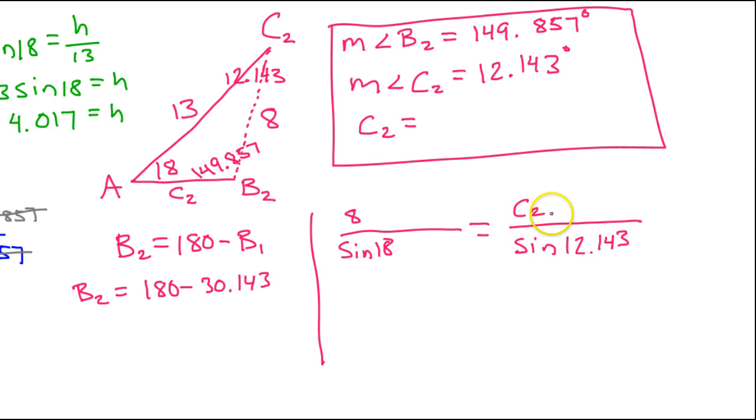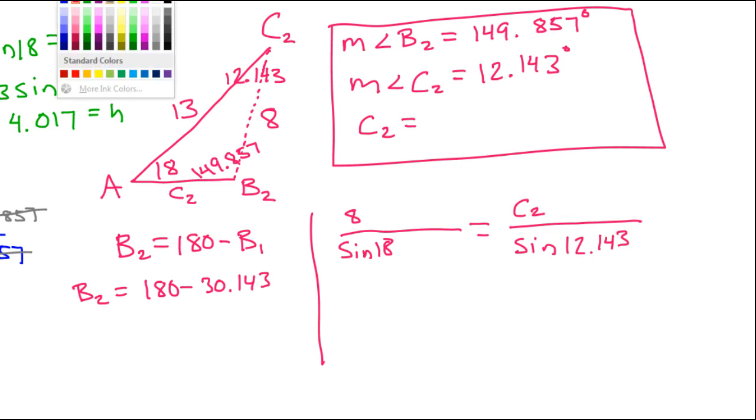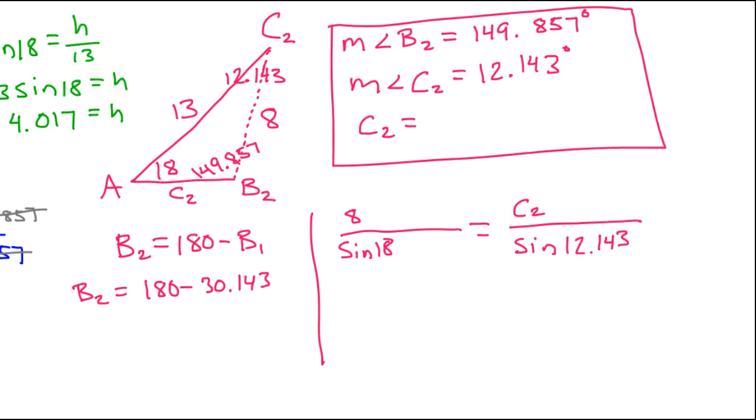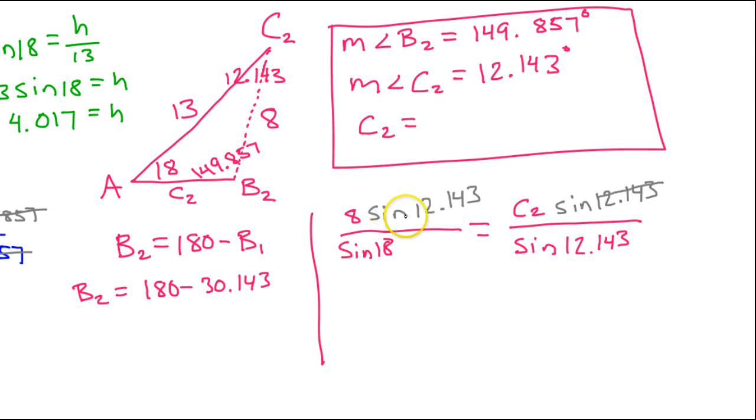So to get side C2 by itself, I just need to multiply both sides by sine of 12.143. That way these will cancel each other out, and that will leave C2 by itself.